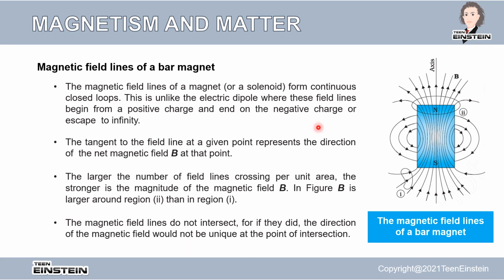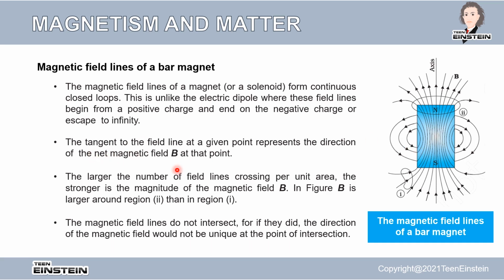But in the case of magnetic field lines, they do not start from one point and end at another point. They always form continuous closed loops. Like the one shown here, you see these are the continuous closed loops. The loops close inside the material. But if you have an electric dipole, the field lines start from one point and end at another point.